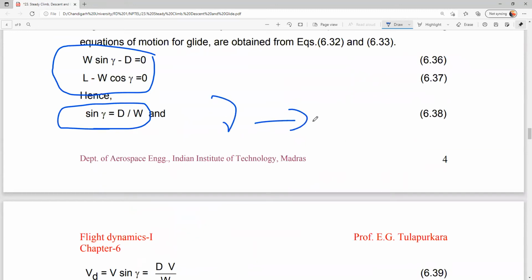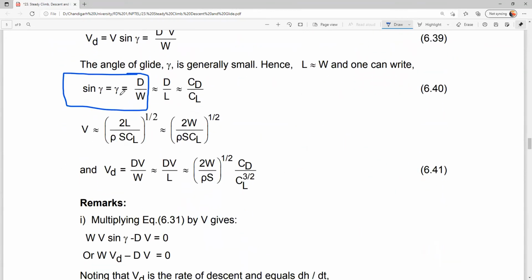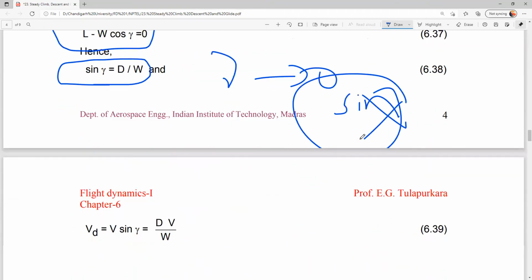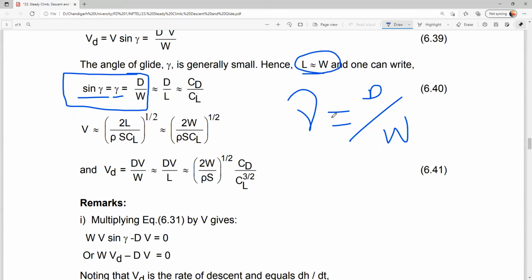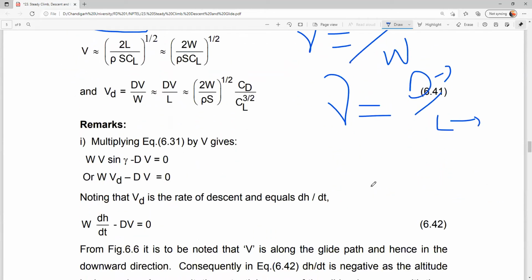When gamma tends to 0, sin gamma can be written as gamma, so gamma is equal to drag by W. When gamma tends to 0, obviously lift is approximately equal to weight, so again this equation is rewritten as D by L. So when we substitute half rho V square S as CD, half rho V square S as CL, we get gamma is equal to CD by CL, because the half rho V square S will get cancelled from both the numerator and denominator.